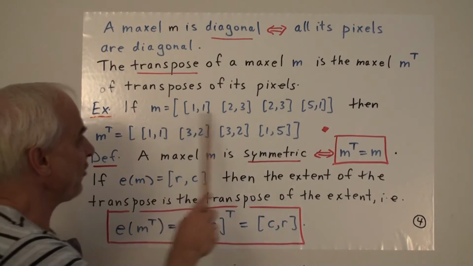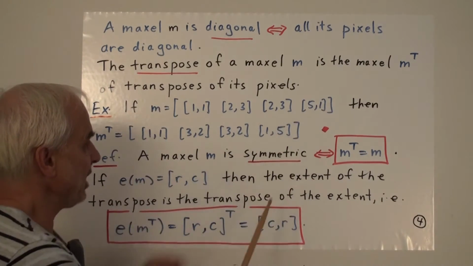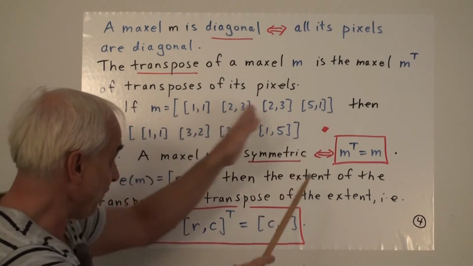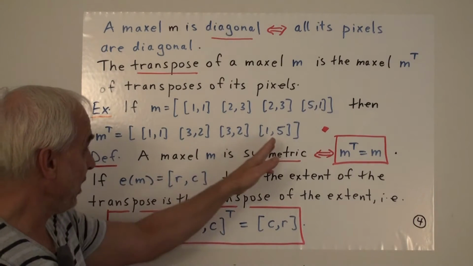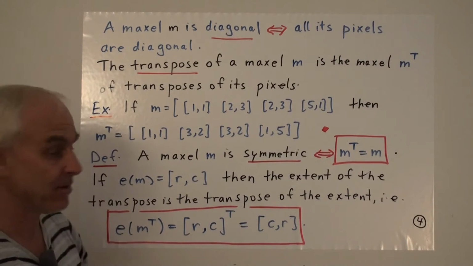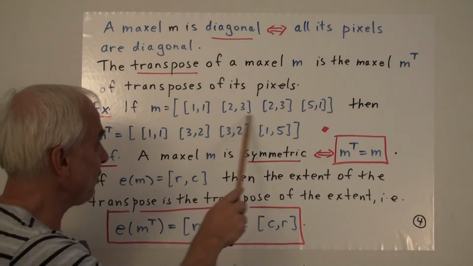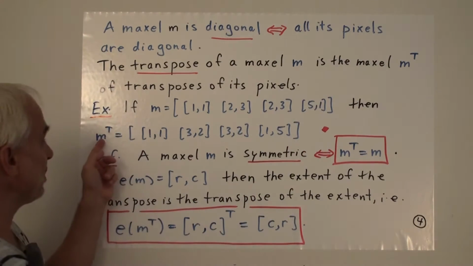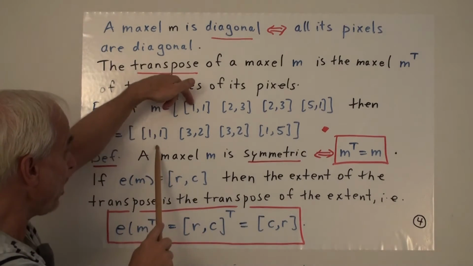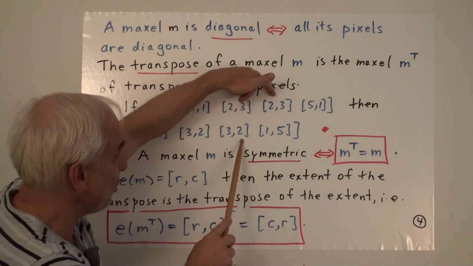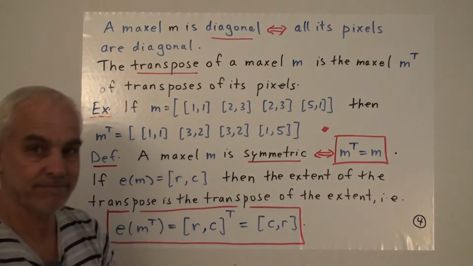So a Maxwell, like this one here, is a multi-set of pixels. If we take the transpose of each of these pixels, then we get the transpose of the Maxwell. So here we have 1, 1, 2, 3, 2, 3, 5, 1, and the transpose will consist of 1, 1, 3, 2, 3, 2, and 1, 5.